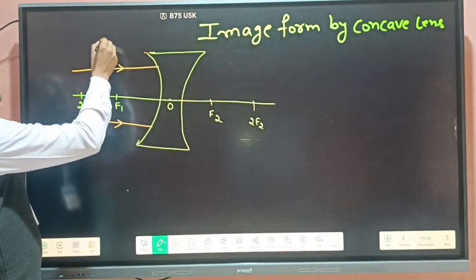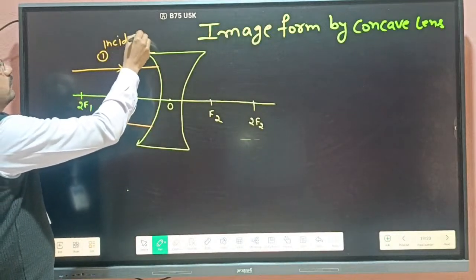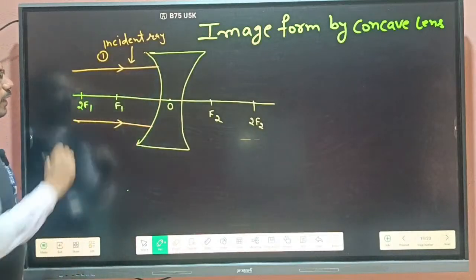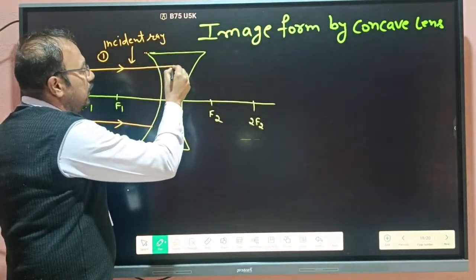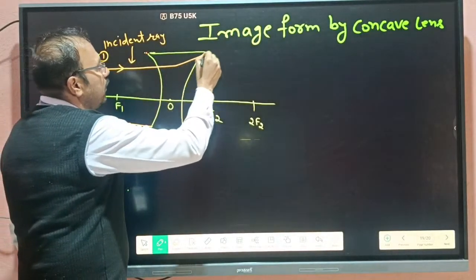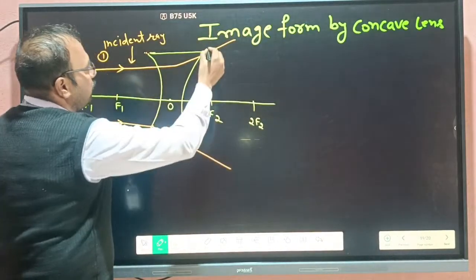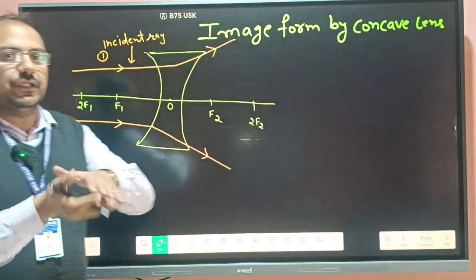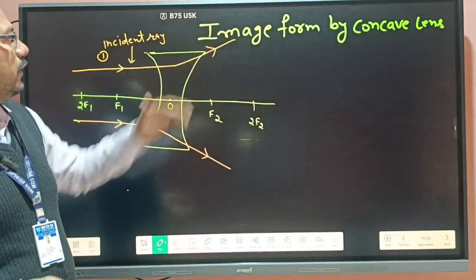This is the first incident ray, coming parallel to the principal axis, and they diverge in different directions like this and this. They diverge from each other, so there is no intersection point of these rays.